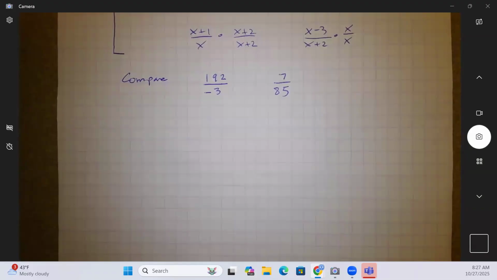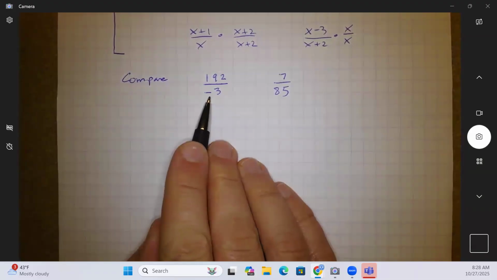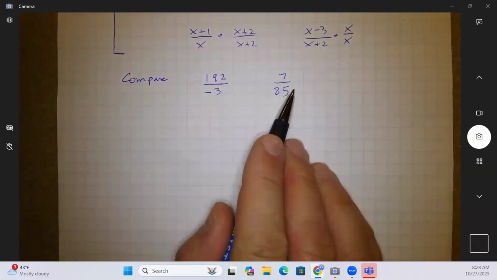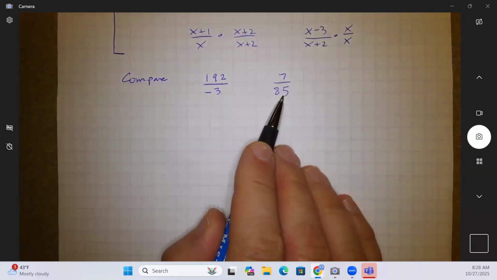Why do I think we can do that? Exactly. It has to do with the negative. This is a negative number on the left. That's a positive number on the right. Every single positive number is bigger than every single negative number.